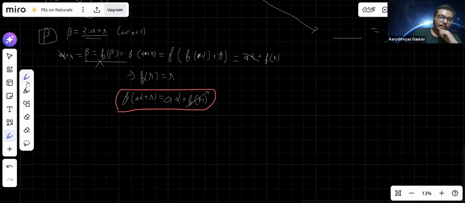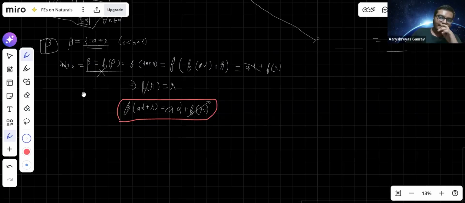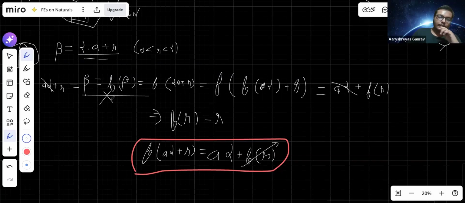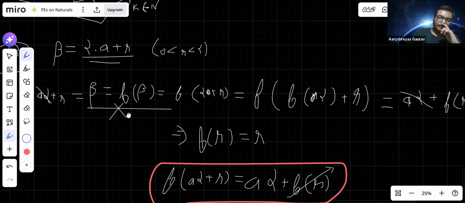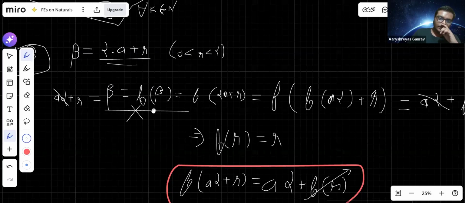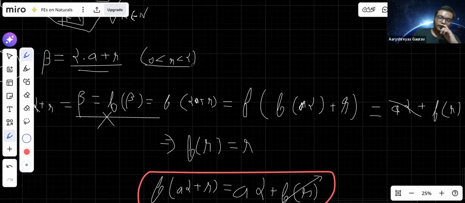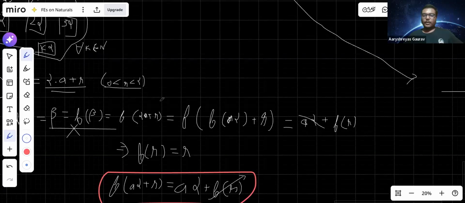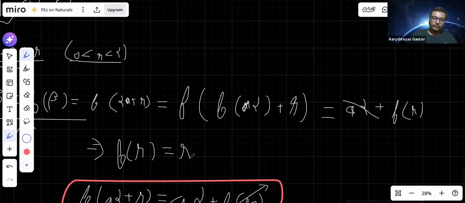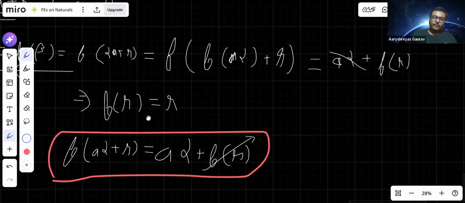Yeah, I have already proved that every fixed point is a multiple of alpha, because see here I assumed this and it failed. So yeah, every fixed point is a multiple of alpha, and since f of r is also a fixed point, it has to be, sorry, not here.